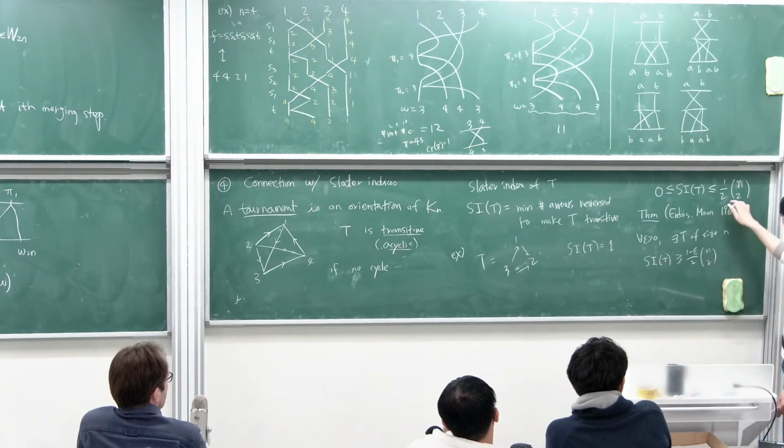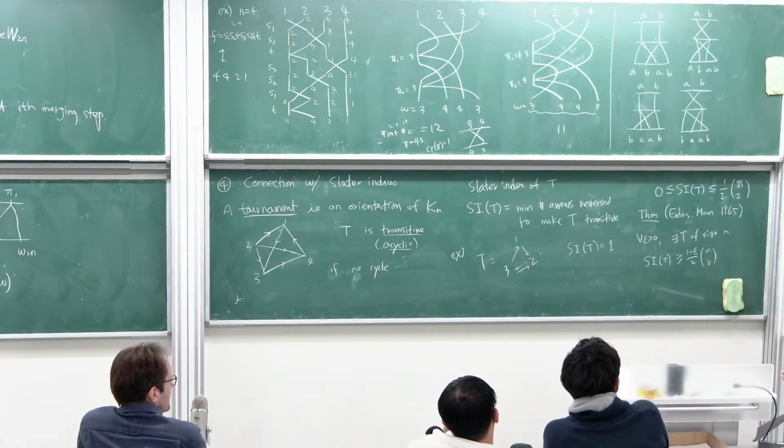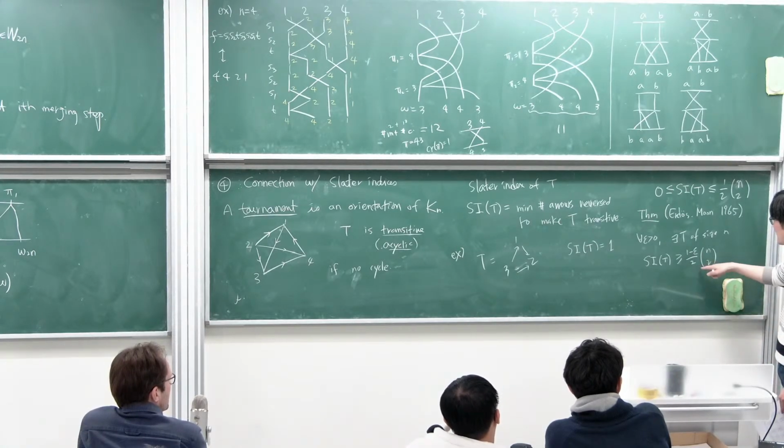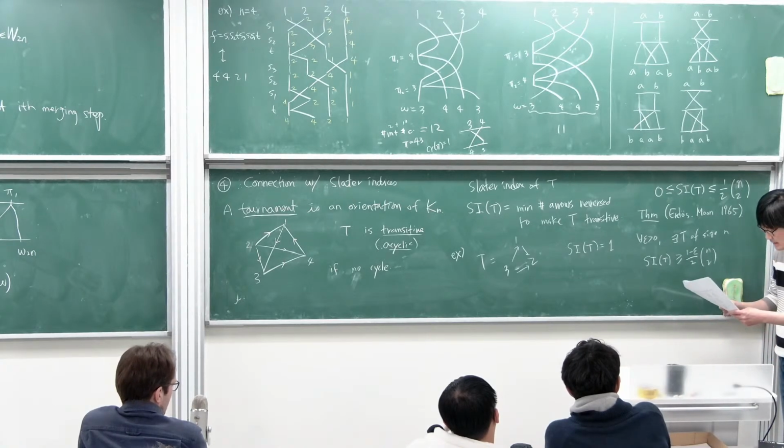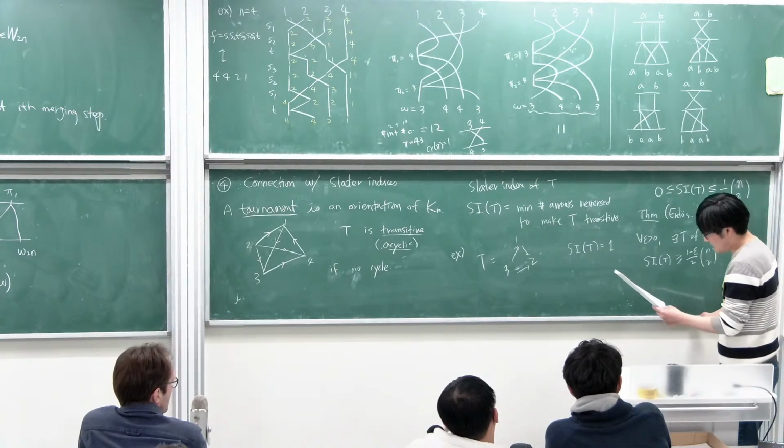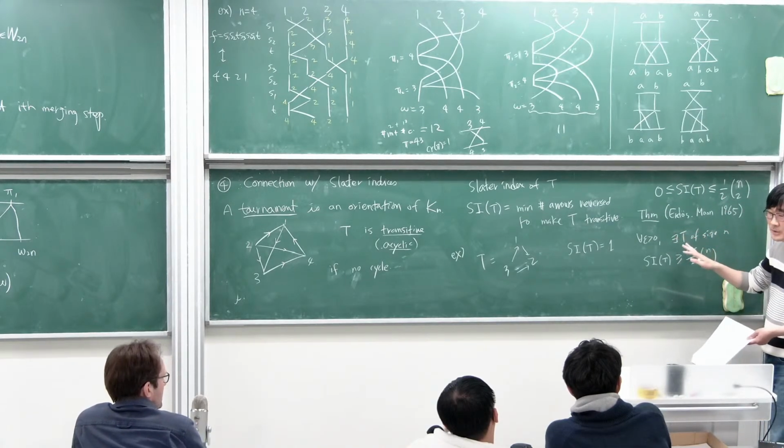We can reach almost this maximum possible. So it's a random tournament. They proved this using the probabilistic method. But they don't actually construct it. That's the point. Actually, the proof is quite easy, just one or two pages.